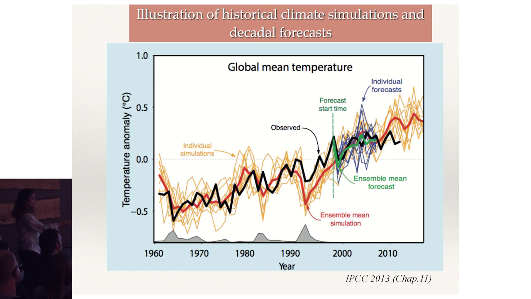You just start closer to the black line, and you get this 10-year prediction, and you have individual forecasts. Usually you want to compare with the historical run, and for global mean temperature, you're not going to see a big difference because global mean temperature is mainly forced by external forcing. It's for really regional features that you want to see the added value from initialization.